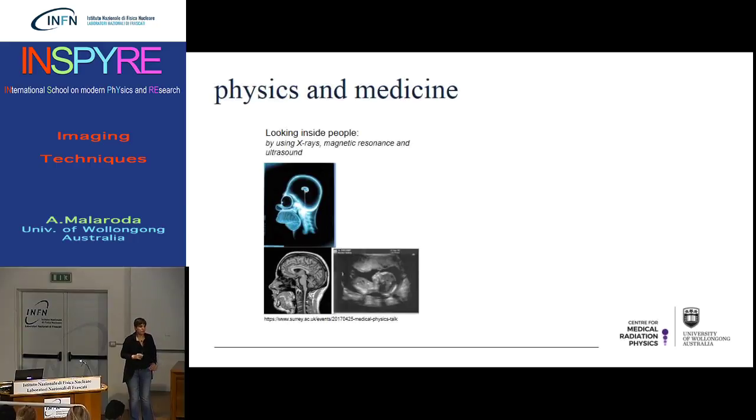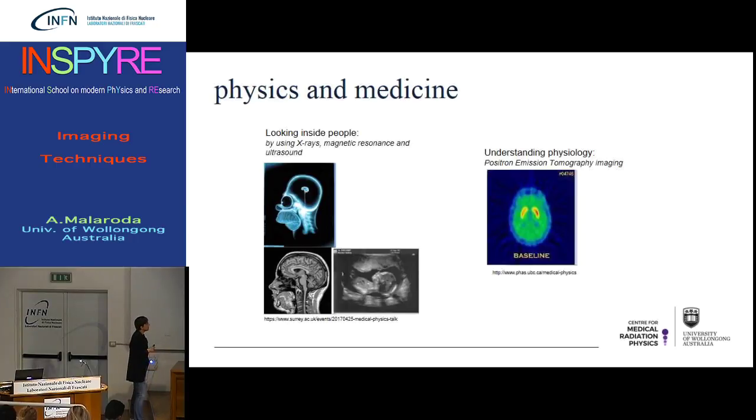Probably not all of you know that other type of images. These are morphological images. They give you an image of an organ within a person. These images are functional images. And what they tell you is how our body functions, and if it's functioning properly.